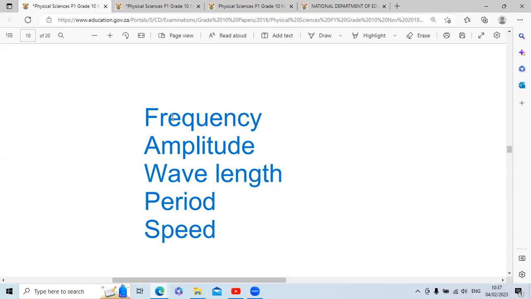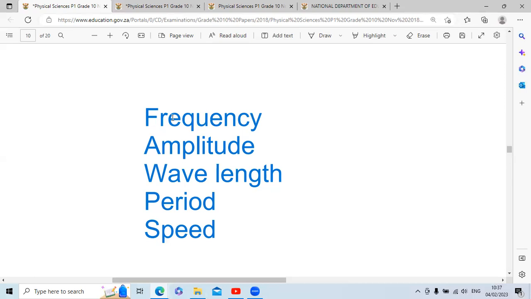Is it wavelength? Yes, it is wavelength, and if you look into it, it explains itself. It's the length of one wave, so it's going to be wavelength, right? Yeah.